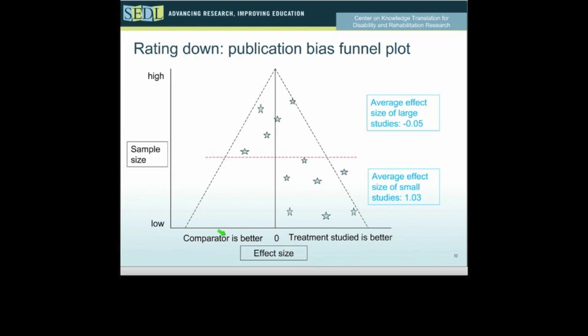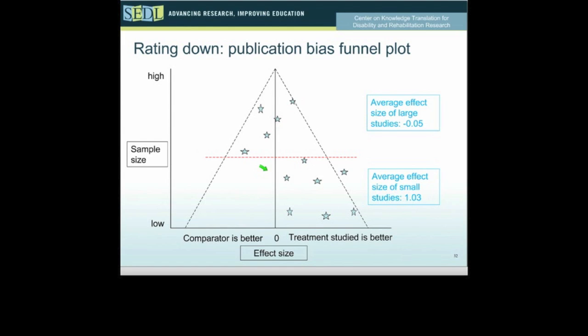Here's the effect size: the comparator is better, the treatment is better. Here is sample size: small studies and big studies. Between them you can split this triangle in 4 sections, and you will know that there are studies in this section, there are studies in this section, there are studies in this section, and there's nothing here.